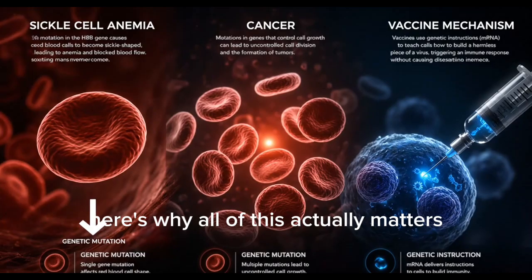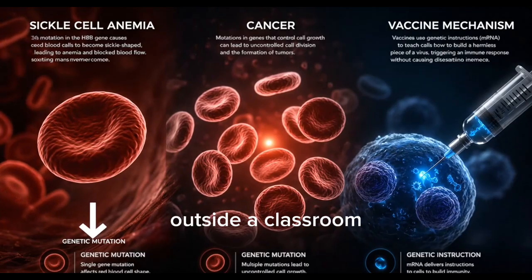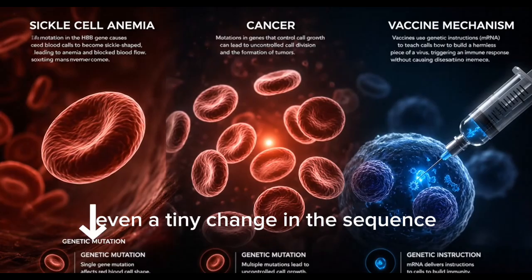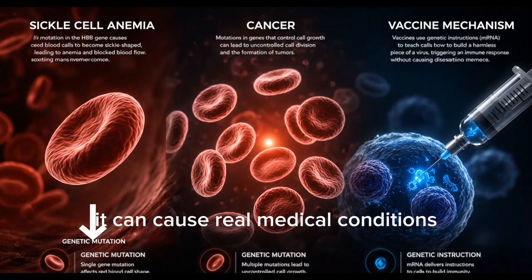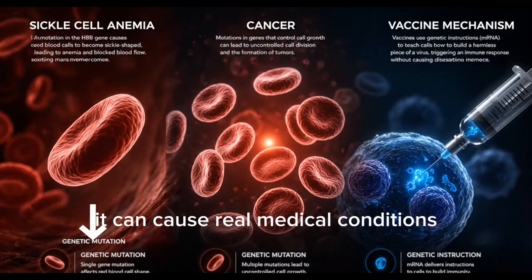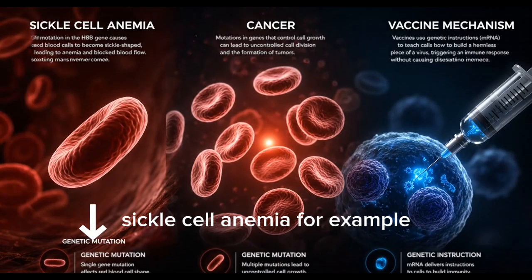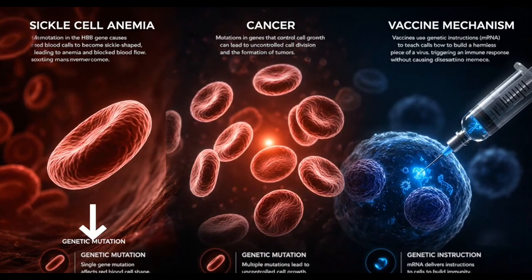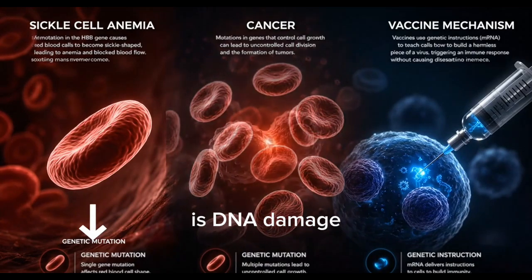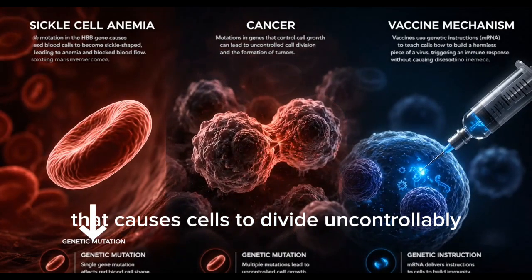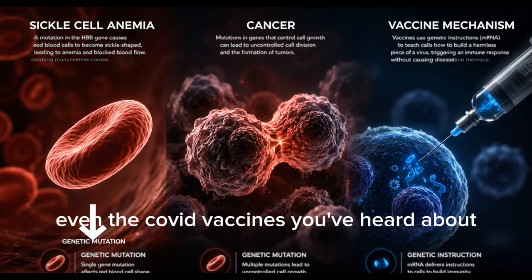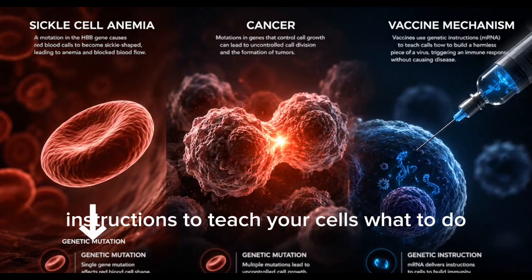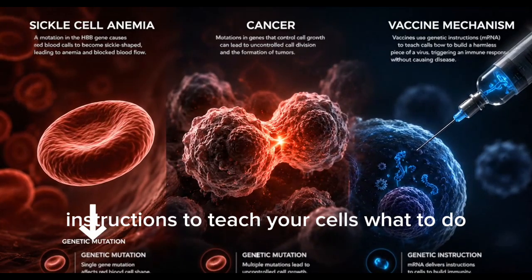Here's why all of this actually matters outside a classroom. When something goes wrong in this code, even a tiny change in the sequence, it can cause real medical conditions. Sickle cell anemia, for example, is caused by a change in a single letter of DNA. Cancer, at its core, is DNA damage that causes cells to divide uncontrollably. Even the COVID vaccines you've heard about work by using genetic instructions to teach your cells what to do.